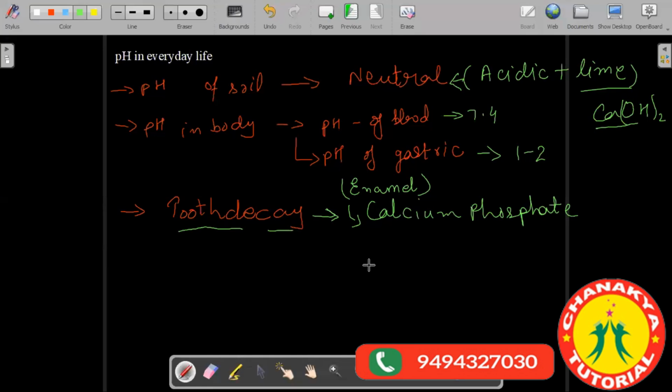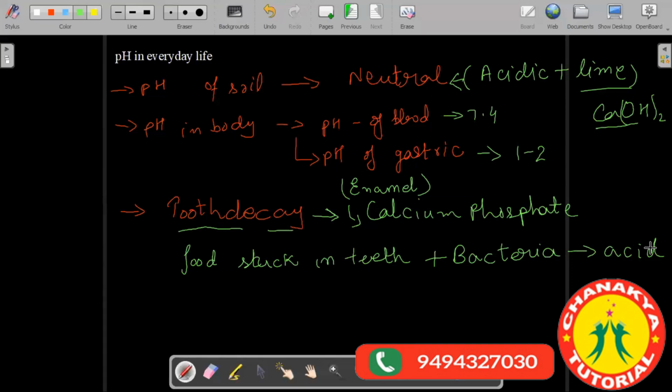So when we eat food, if some food particles get stuck in your teeth, this food is acted upon by the bacteria present in our mouth. We have certain bacteria present in our mouth which turn this food into an acid.